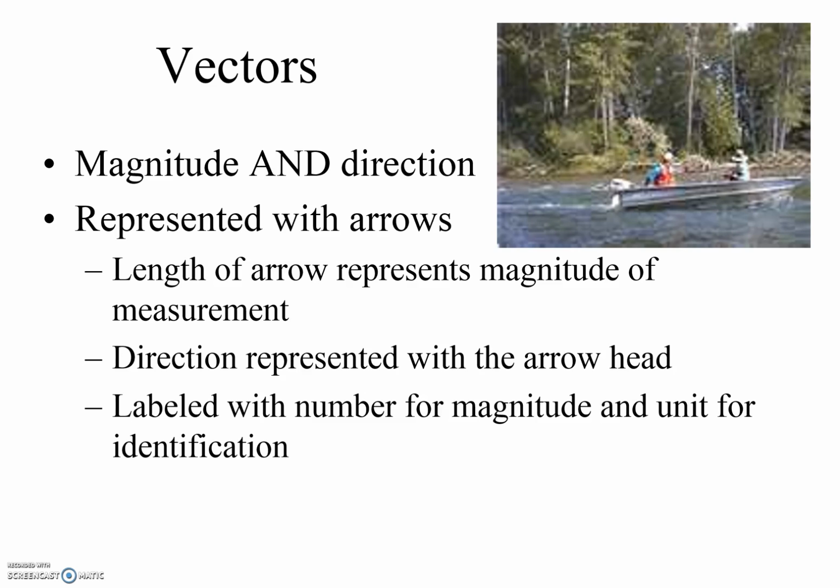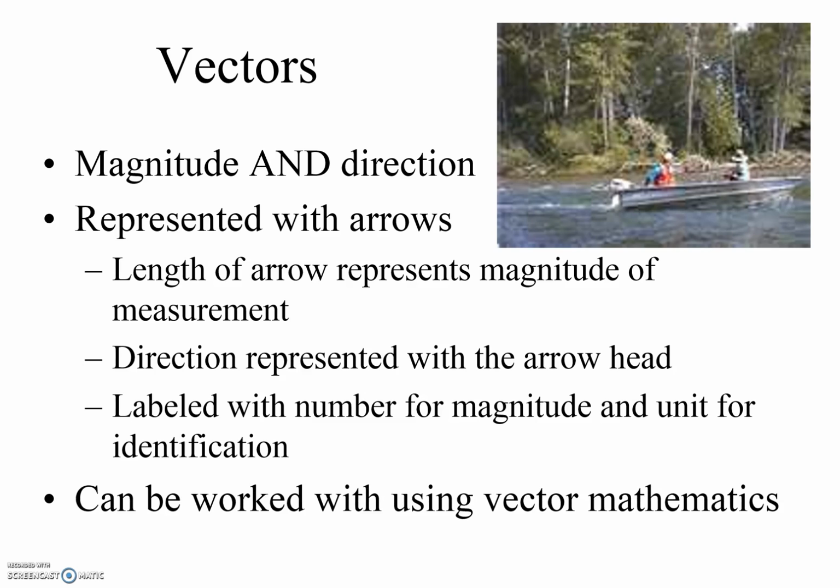If the measurement is small, the arrow will be short, and if the measurement is large, the arrow will be long. The direction is represented by the way the arrow is facing. These arrows are labeled with the number for the magnitude and the unit for identification.